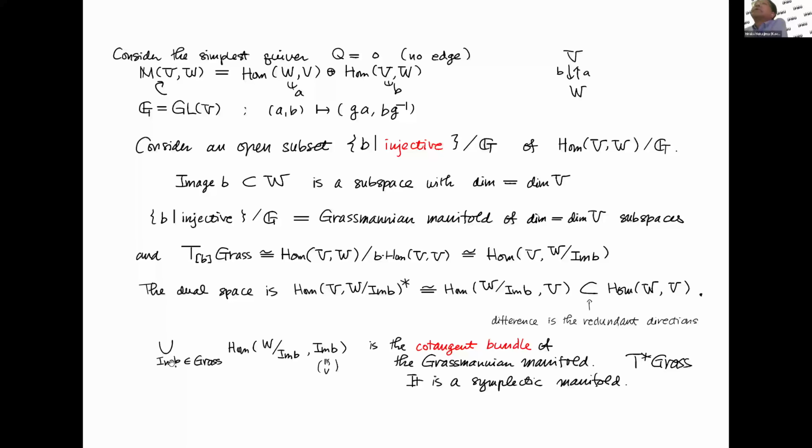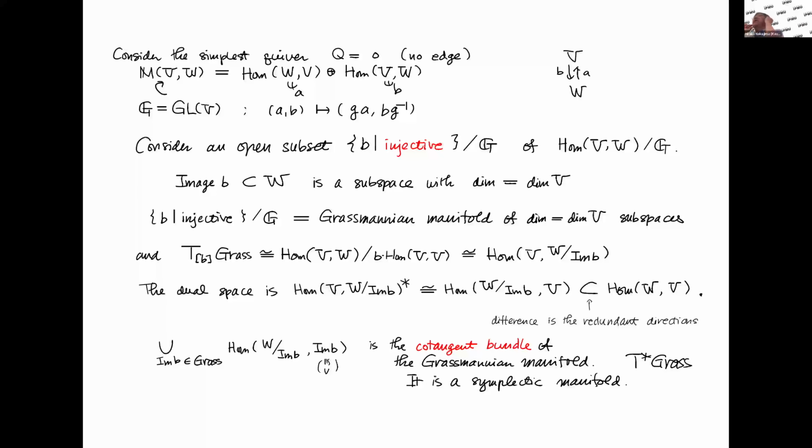So if we move all points in the Grassmannian with the union of this cotangent space, this is the total space of the cotangent bundle of the Grassmannian manifold, which is usually denoted by T star of the Grassmannian. And in particular, it is a symplectic manifold. We have the original tangent direction of the Grassmannian, and we add the cotangent direction. So then each tangent space is a symplectic vector space. You can also show that this natural symplectic structure is closed, and this is an example of a symplectic manifold.